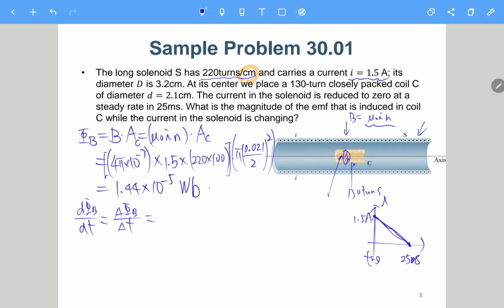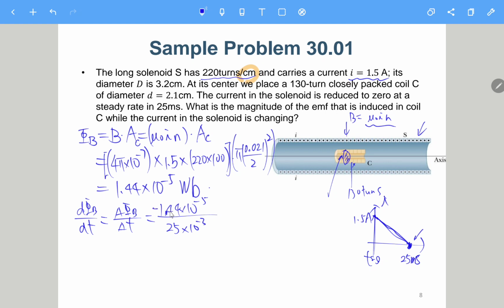Delta phi B changes from 1.44 times 10 to negative 5 to 0, over 25 milliseconds. This is actually negative, because finally it is 0, so it is 0 minus 1.44.